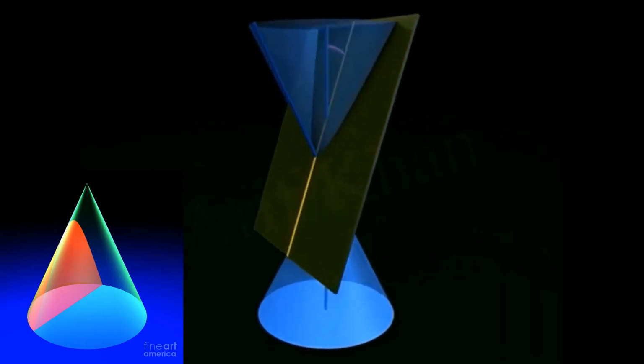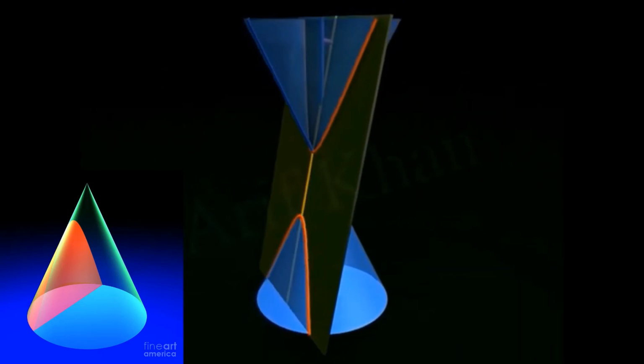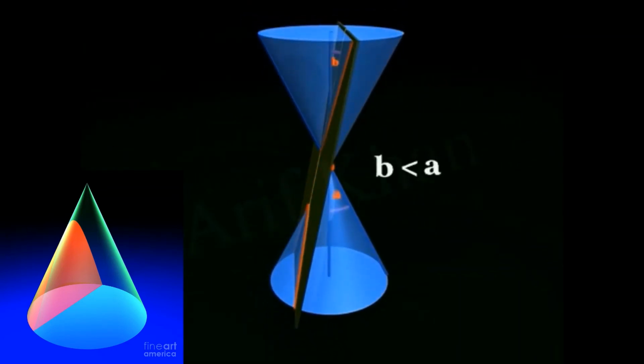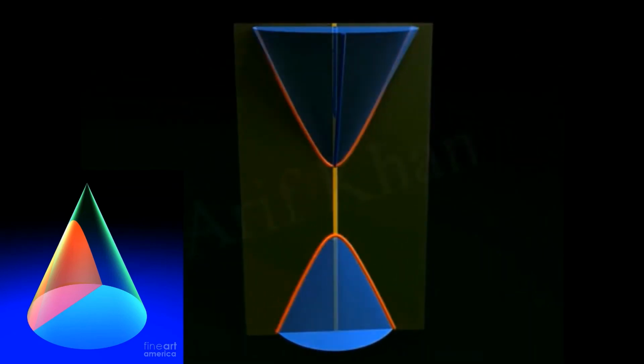However, if the plane intersects the vertical axis at an angle smaller than the vertex angle, the plane touches both the naps of the double right circular cone to form an open curve called a hyperbola, which is characterized by two disjoint curves.